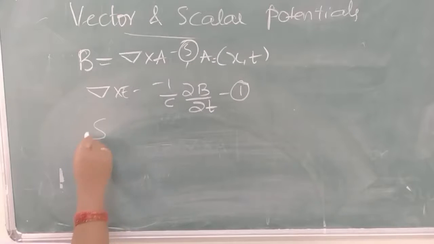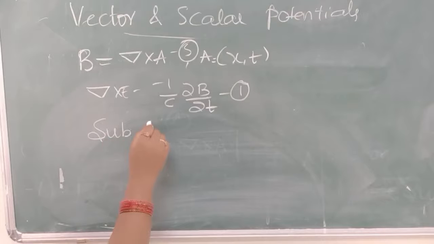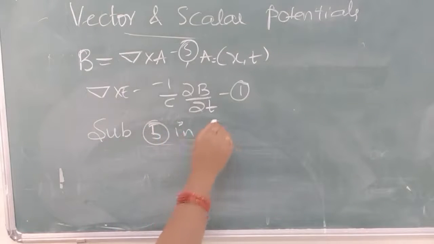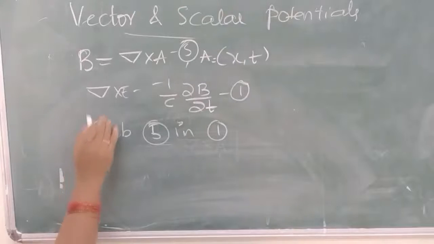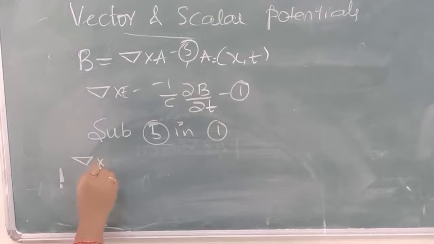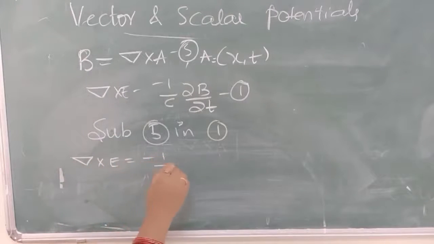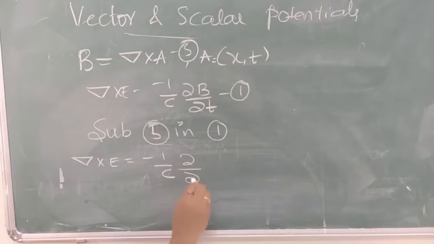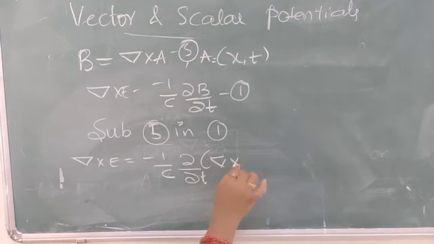Now substitute 5 in 1. What do we get? Del cross E is equal to minus 1 by C dou by dou T of B, where B is equal to del cross A.